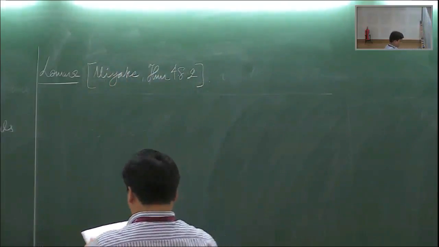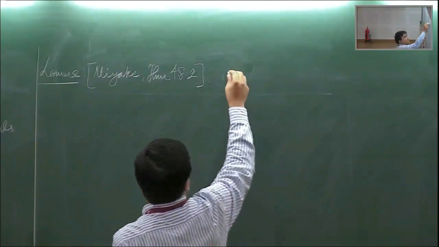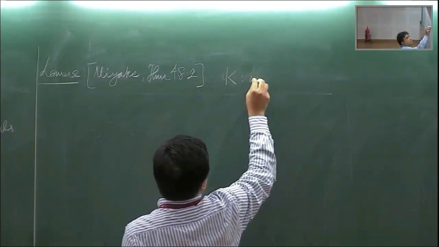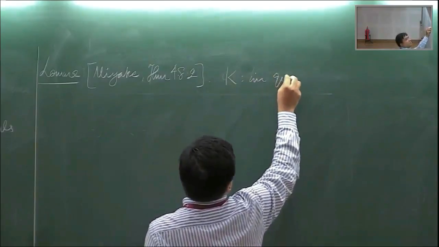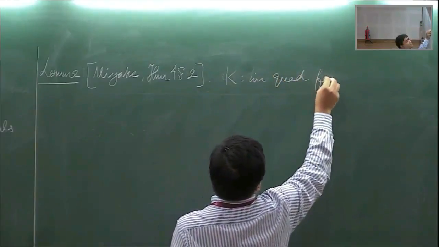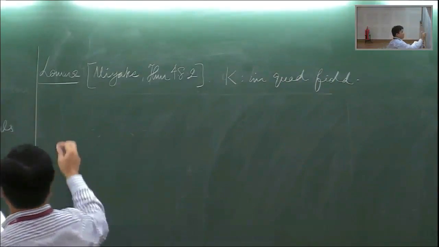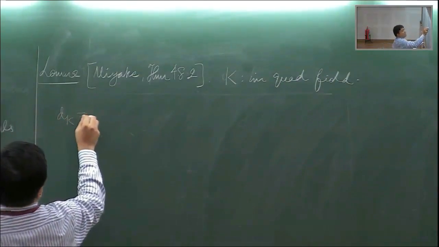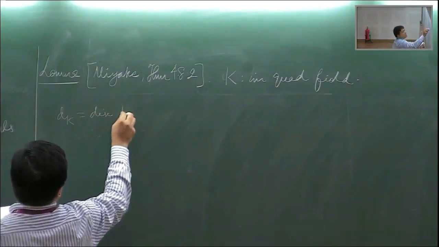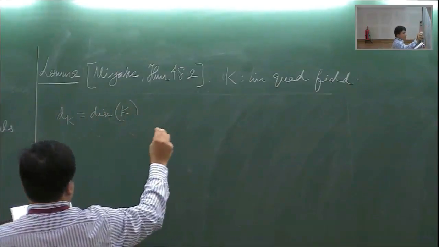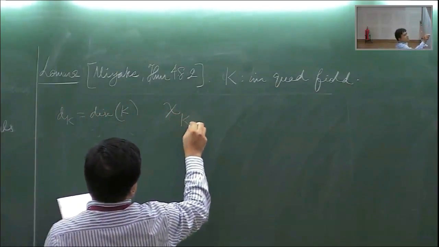Remember that my K is an imaginary quadratic field, and d_K is the discriminant of K, and chi_K is this character.